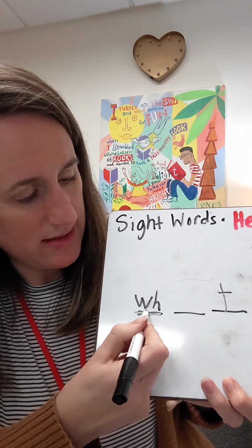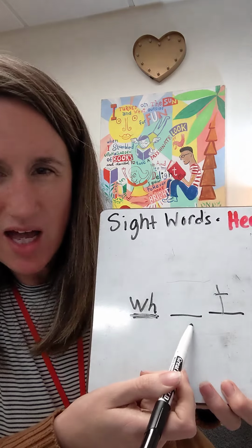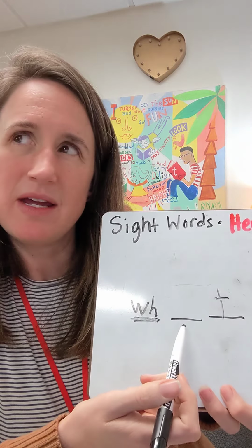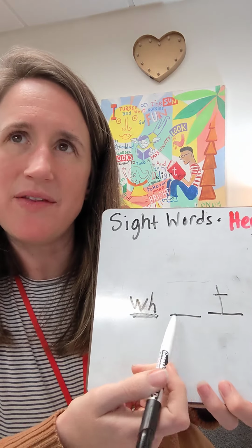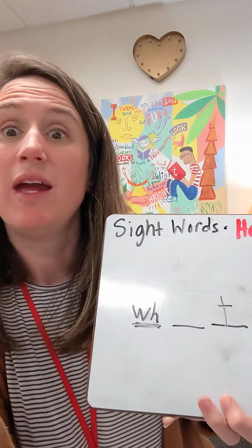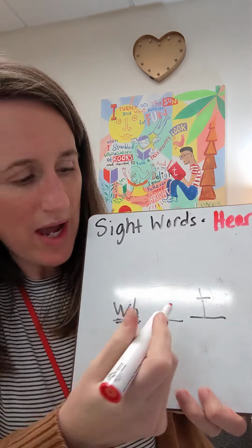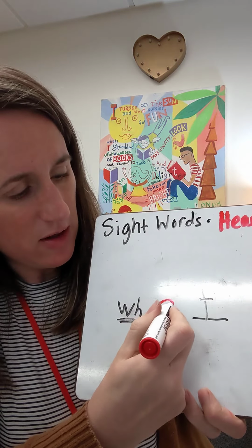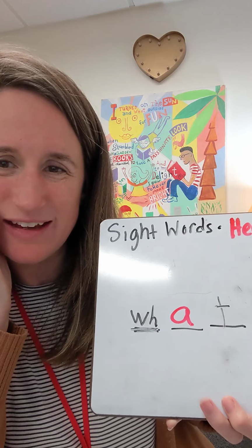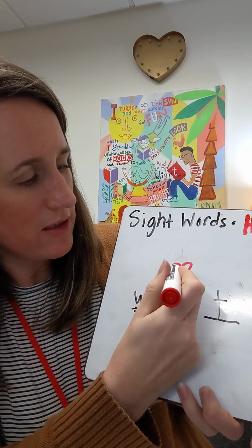So the w is spelled by WH. What was our middle sound? Okay. Now, kids might say that's spelled by U. Well, this is the tricky part about this word. The word what, the u sound is spelled by the A. And that is the part of the word that we need to learn by heart.